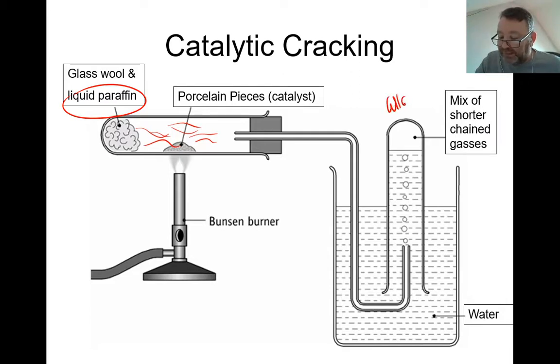We can test that mix with bromine water or acidified potassium permanganate to show that both are decolorized, meaning yes, I made alkenes through catalytic cracking. The same procedure, same apparatus, the only difference is we're using paraffin and porcelain pieces to crack the long chain into smaller, more useful hydrocarbons.